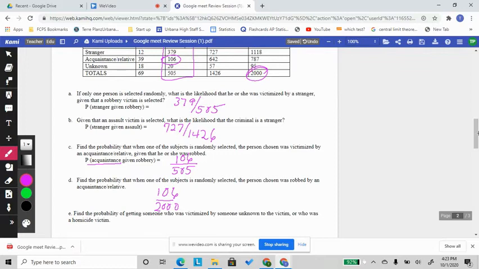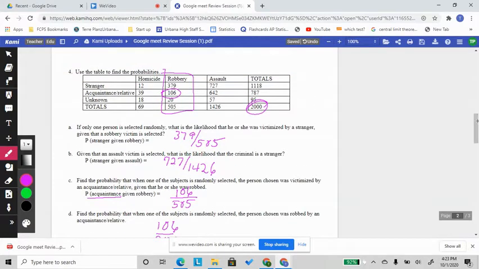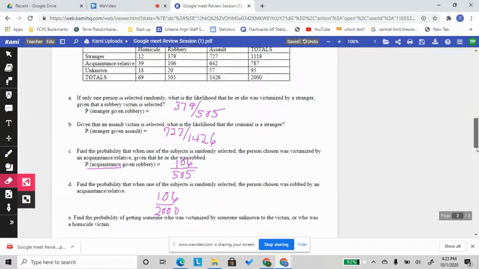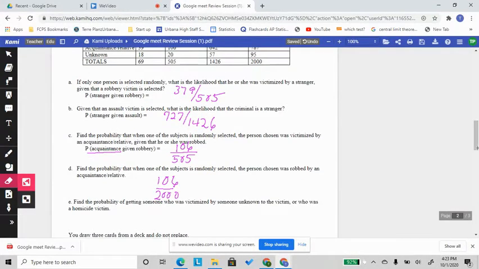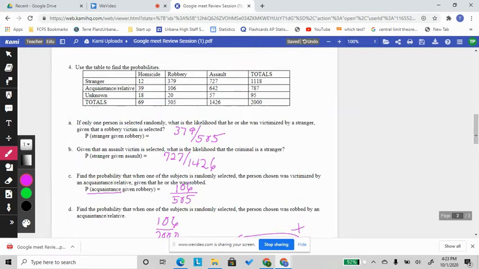Find the probability of getting somebody who was victimized by someone unknown to them or who was a homicide victim. Okay, so this is an or, so we're going to be adding. Let me erase. Okay, so let me read it again. They were victimized by someone unknown to them, or, that tells me I'm going to add, or they were a homicide victim. Okay, so unknown would be 95, or homicide.